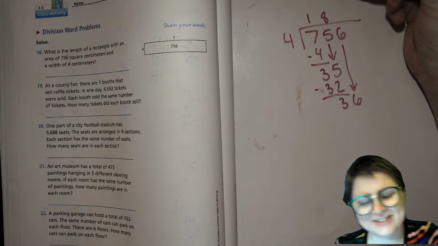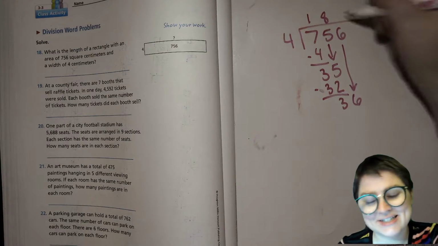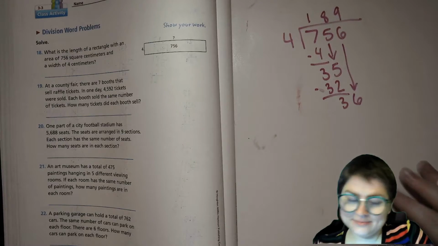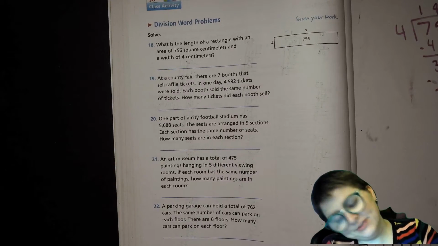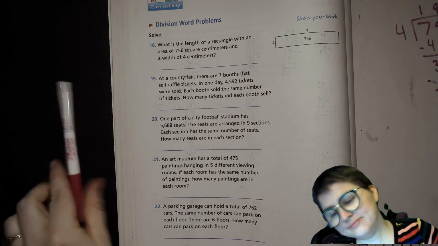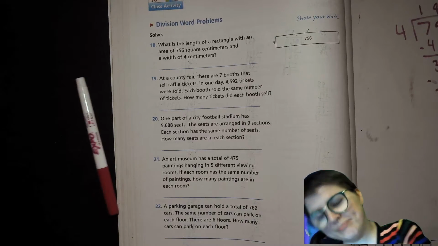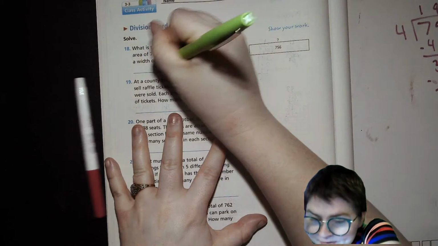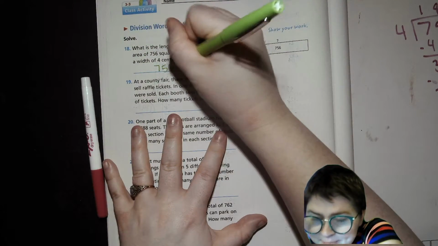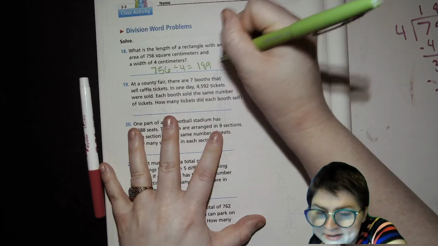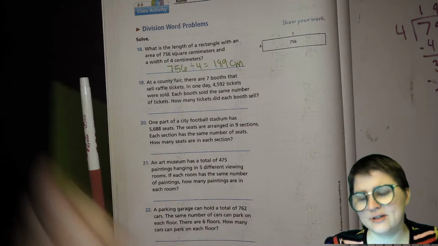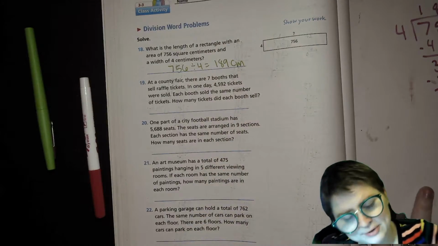What's 4 times what is 36? It's a 9. And there's no remainder. So we'll write over here, 756 divided by 4 equals 189 cm. Centimeters.